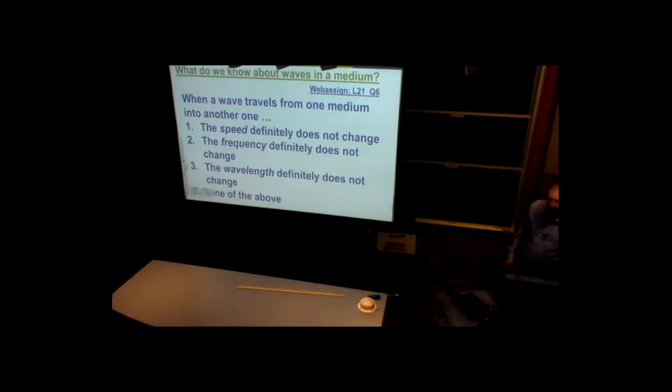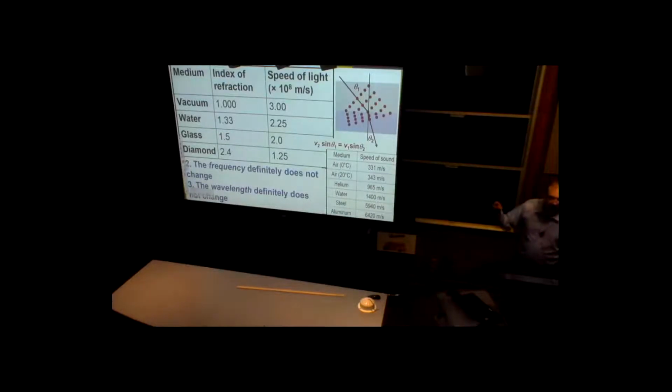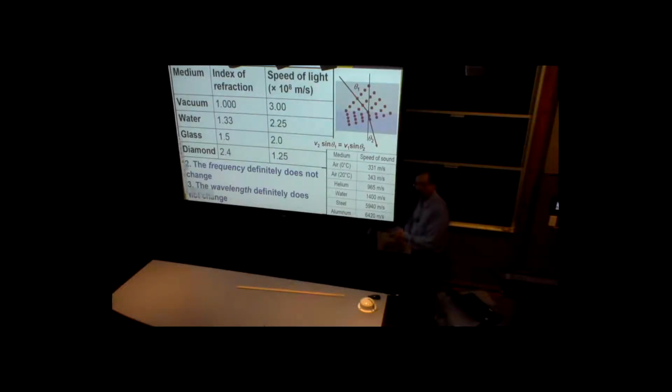So, first of all, don't answer that speed does not change, because we know it does. This is a copy of a slide from before. When light travels from one medium into another, speed of the light changes, or speed of the sound changes. So basically you have to choose between frequency and wavelength. And what did you choose?